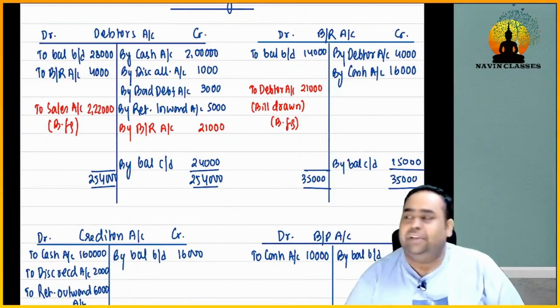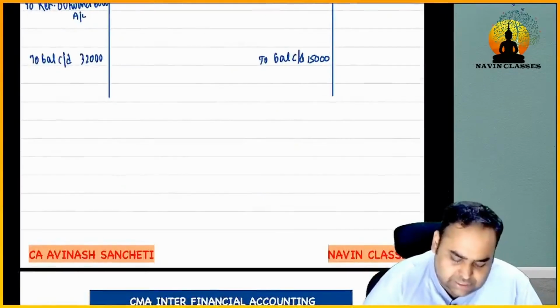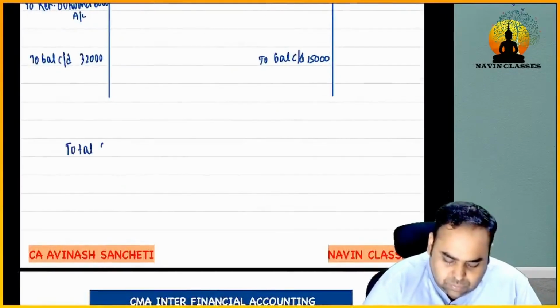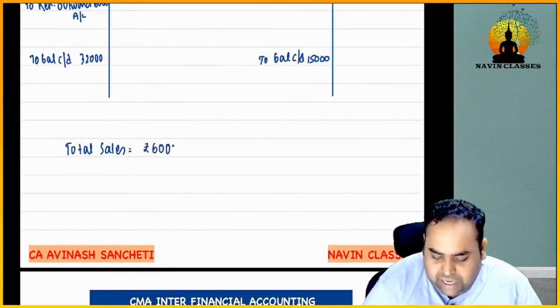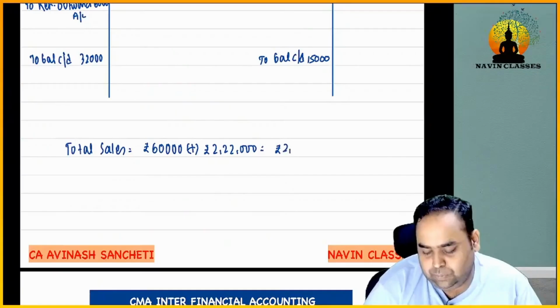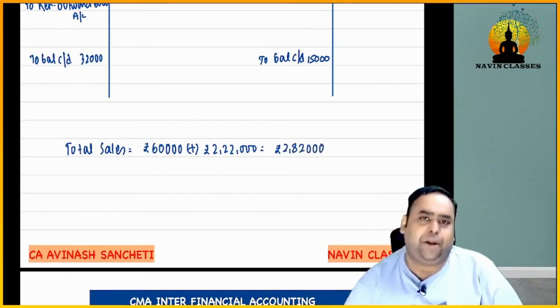You can calculate. In the same way, by thinking carefully, I will write down the total sales below. Cash sales is given, it is 60,000. Credit sales is 2,22,000. Adding both of them, we get 2,82,000. This is the first part of the question's answer.